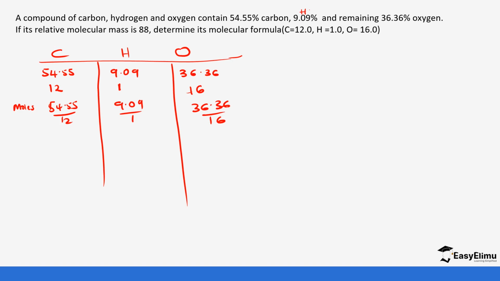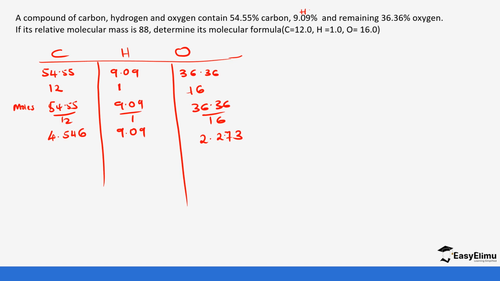So 54.55 divided by 12 will give 4.546, and then 9.09 divided by 1 will give us 9.09, and then 36.36 divided by 16 will give us 2.273.